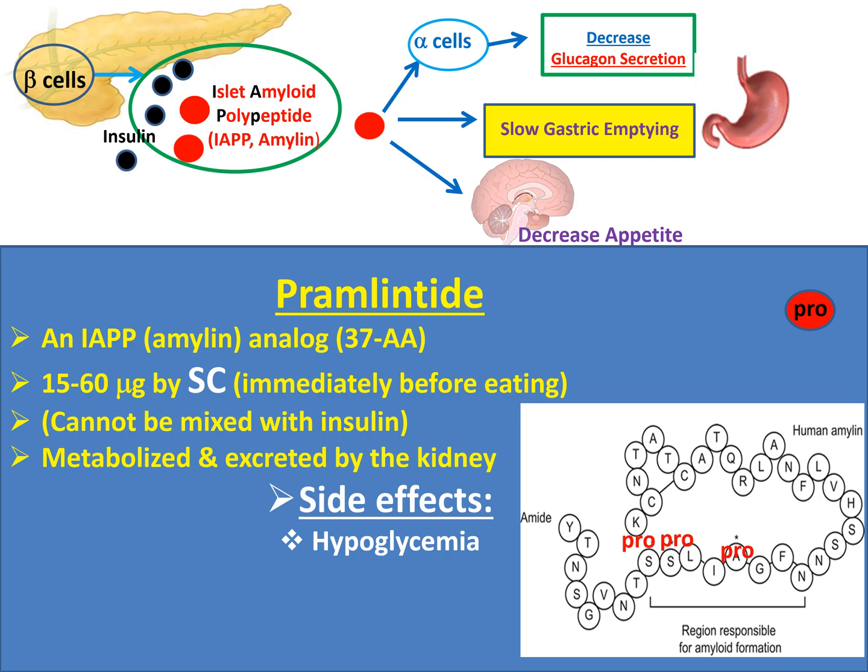The side effects you are able to predict, since it produces a decrease in glucagon secretion, slows the gastric emptying and decreases appetite. Specifically because it's decreasing the glucagon secretion, it may produce a hypoglycemic effect. And also, since it slows the gastric emptying, it might produce some kind of nausea, vomiting, and anorexia.